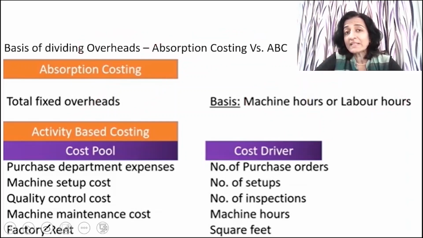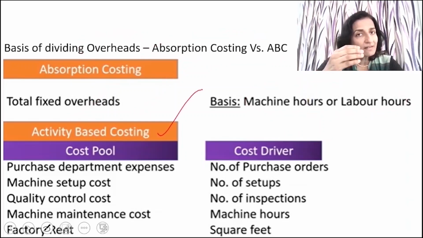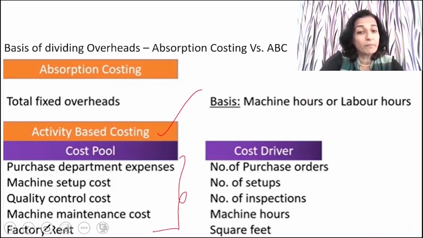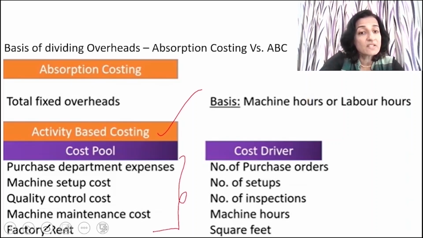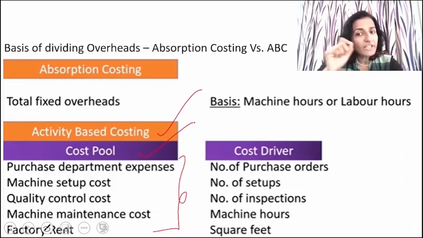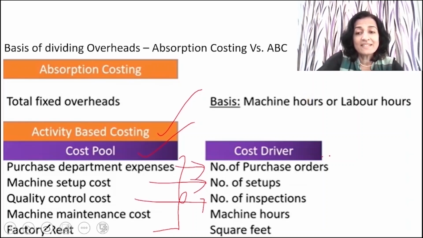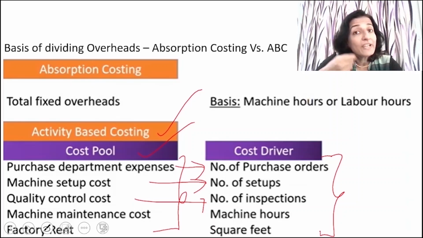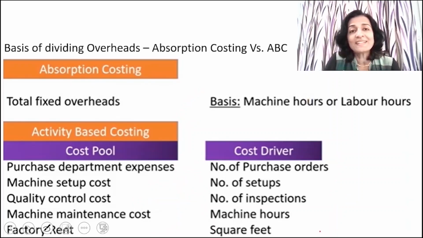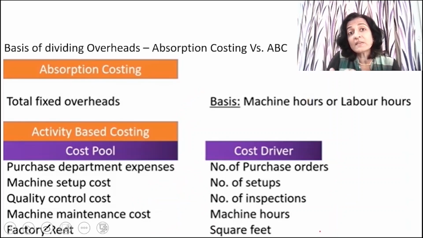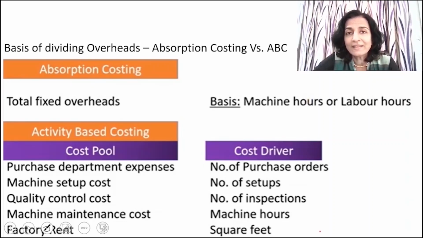But in activity-based costing, what does it do? The entire overheads are split based on its nature, and it's called the cost pool. And for each cost pool, there is an apt cost driver. That is, there are separate cost drivers for each cost pool, which means that under activity-based costing, there is a more logical method of dividing the overheads between the products.